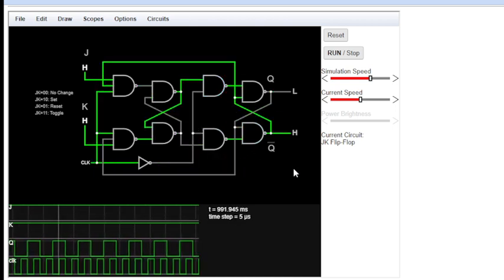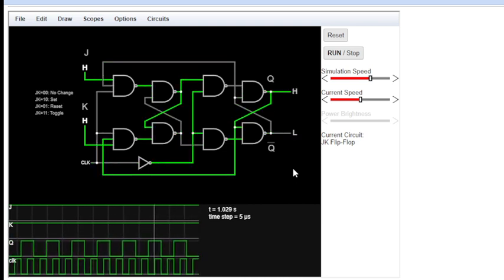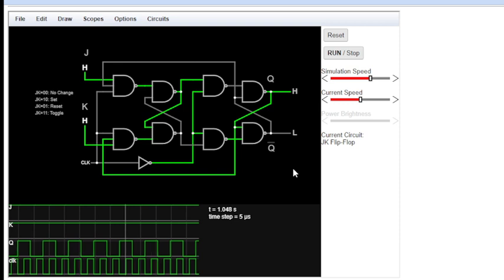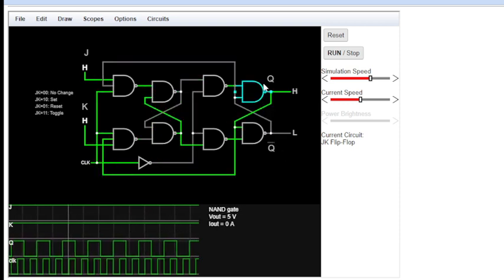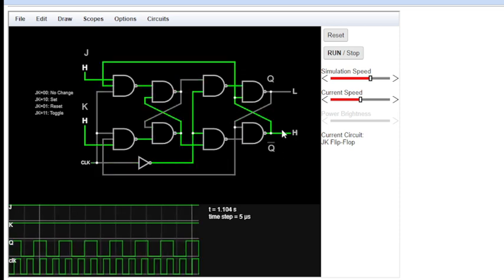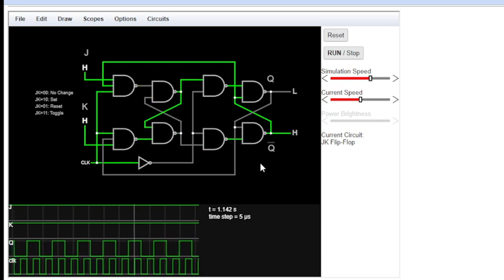This is similar to the clocked SR flip-flop, but you have to keep one thing in mind: the outputs Q and Q slash will also become inputs of the first NAND gates.